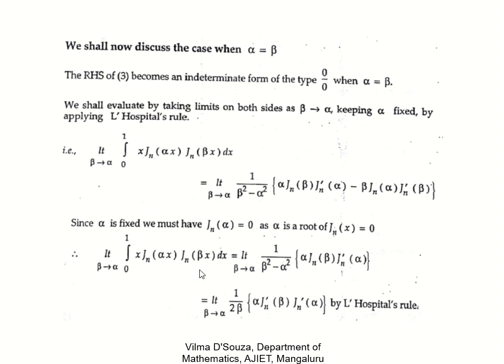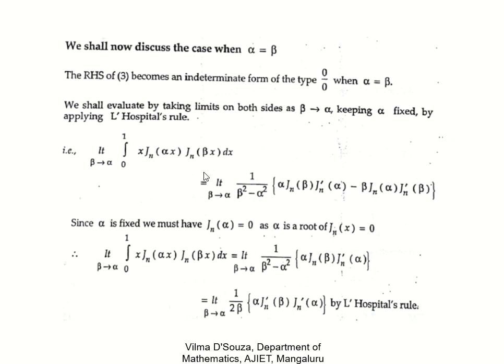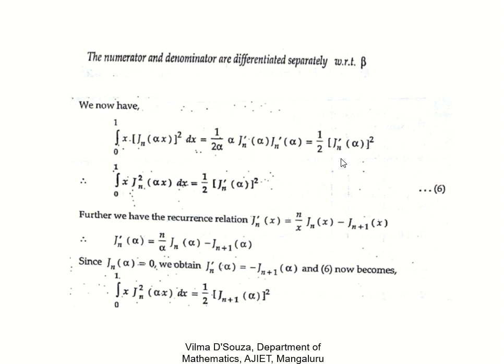What is the left hand side when alpha equal to beta? Integral 0 to 1 x into Jn of alpha x into Jn of beta x. Alpha equal to beta, so this becomes Jn of alpha x into Jn of alpha x, that is Jn of alpha x whole square, is equal to, as beta tending to alpha, 1 by 2 alpha Jn dash of alpha into Jn dash of alpha, that is half into Jn dash of alpha whole square.